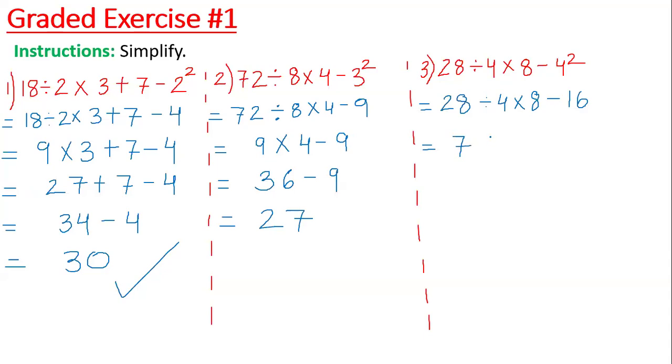Then we do 7 times 8, which is 56. Minus 16. 56 minus 16 is 40. So the answer is 40.